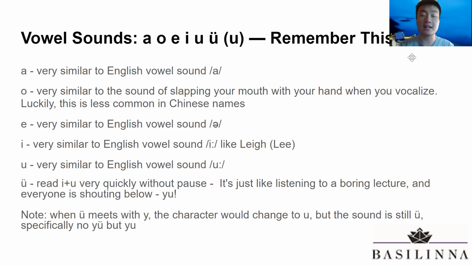A. Second, o. That may be difficult for you, but do not worry. This is very similar to the sound of slapping your mouth with your hand when you vocalize. And the third one would be i.